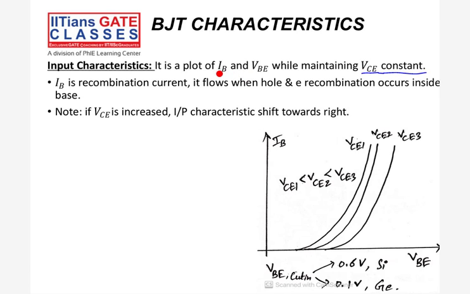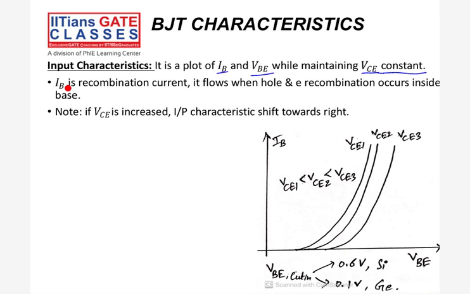Our current IB is varying with respect to VBE. If we vary VBE, we get this. It looks like a diode characteristic, as I already told you. But VCE also affects it.